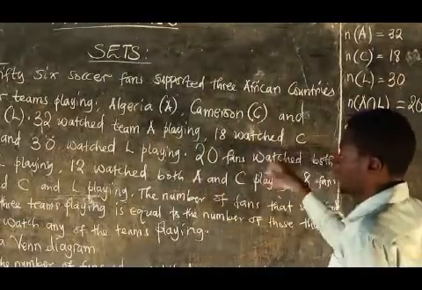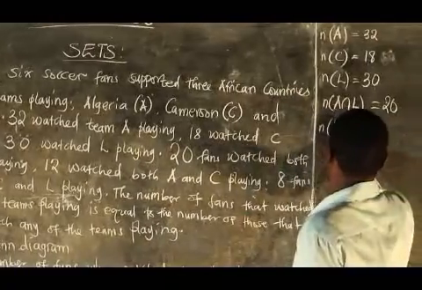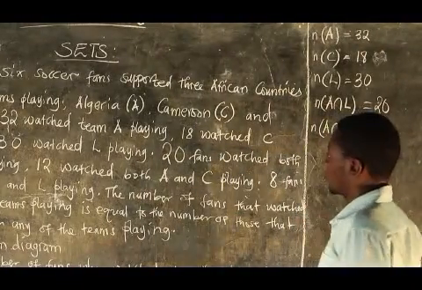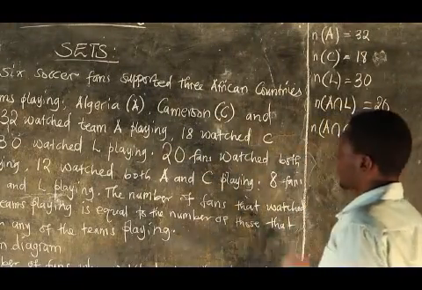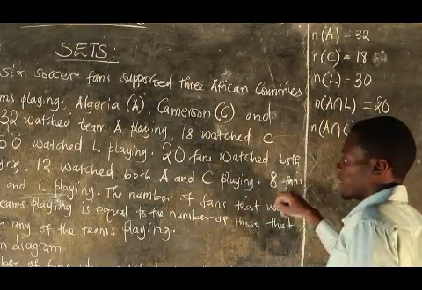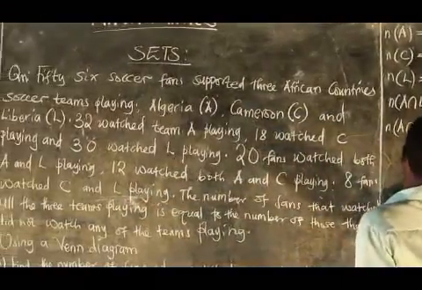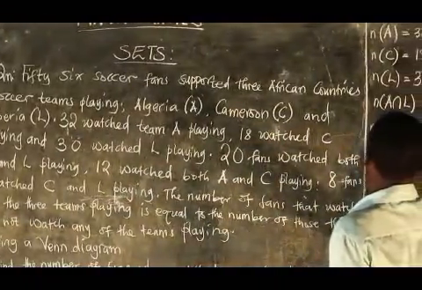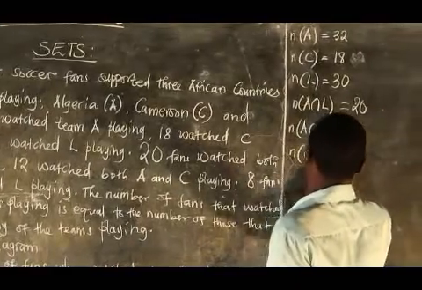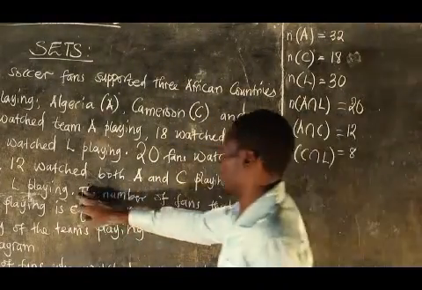The number of 12 watched both A and C. So A intersection C is equal to 12. And also 8 fans watched C and L. So 8 watched C and L. This is how we represent this information up to this point.